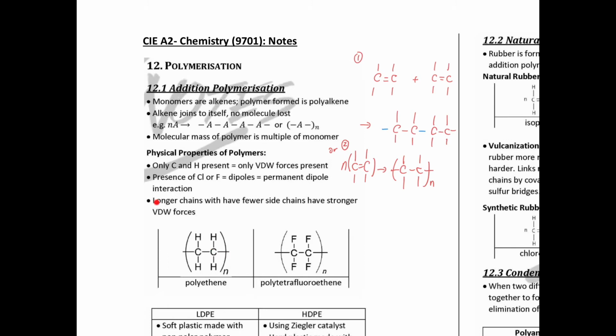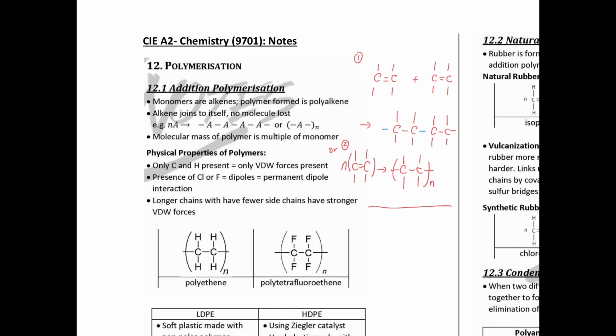Okay. Now next one, longer chains with fewer side chains have stronger van der Waals forces. Okay, so that means if they have less side chain, then their structure is more straight. So imagine something like this.